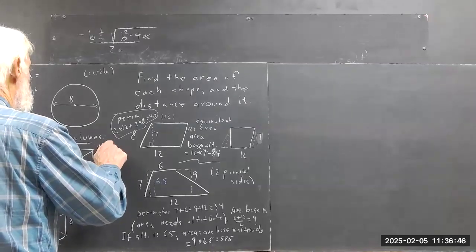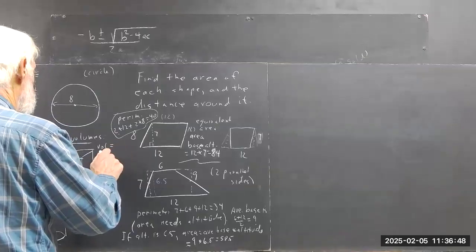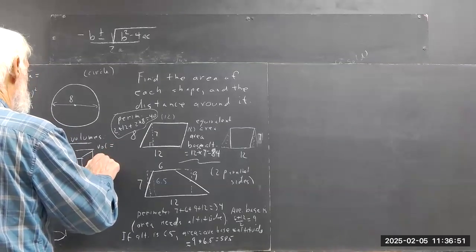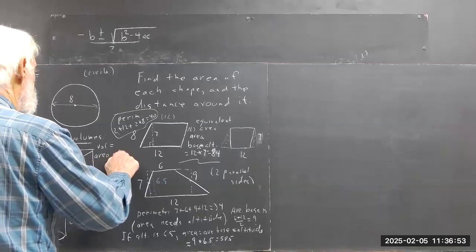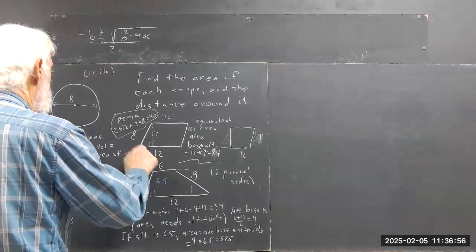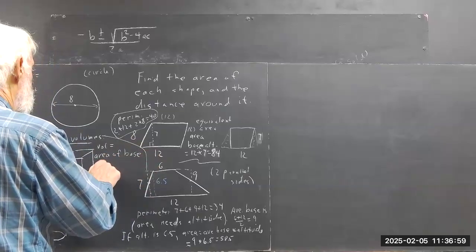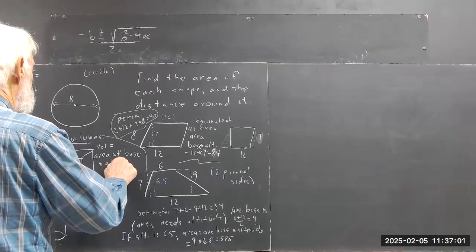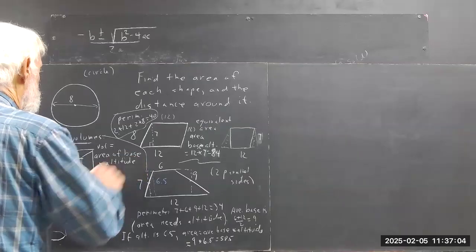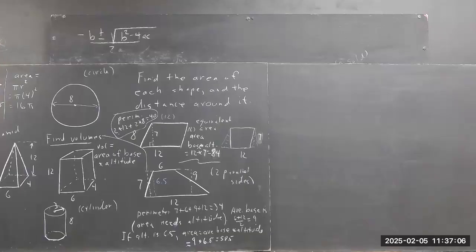Volume equals area of the base times the altitude. So they might give you length times width times height, LWH. Perfectly good formula, but you're better off thinking in terms of area, the area of the base times the altitude.